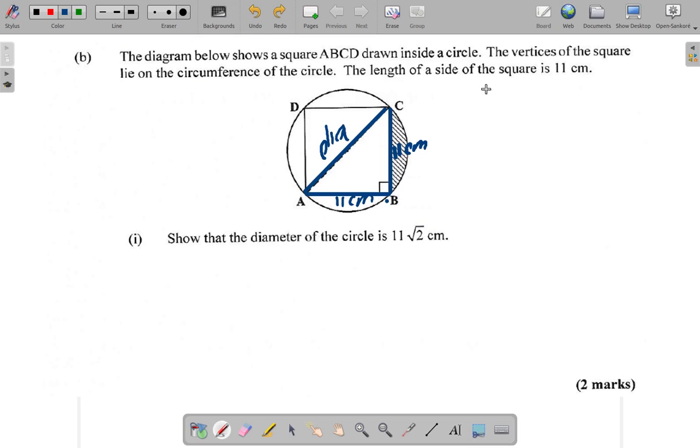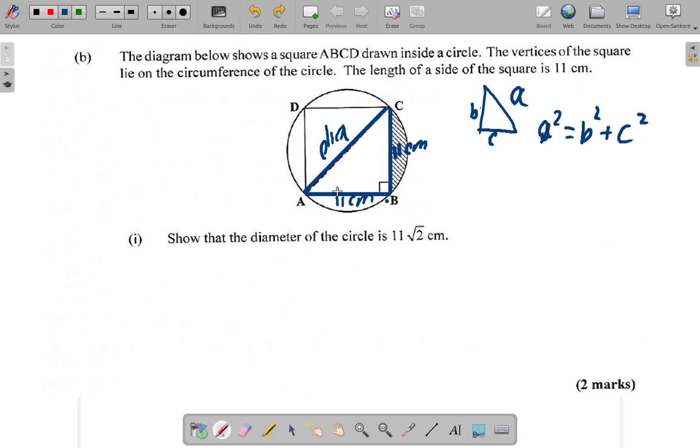What Pythagoras Theorem says, and it's in the formula sheet as well: if you have a right angle triangle with sides A, B, and C, then A squared, the square on the hypotenuse, is equal to the sum of the squares on the other two sides. It is one of the other side squared plus the other side squared.